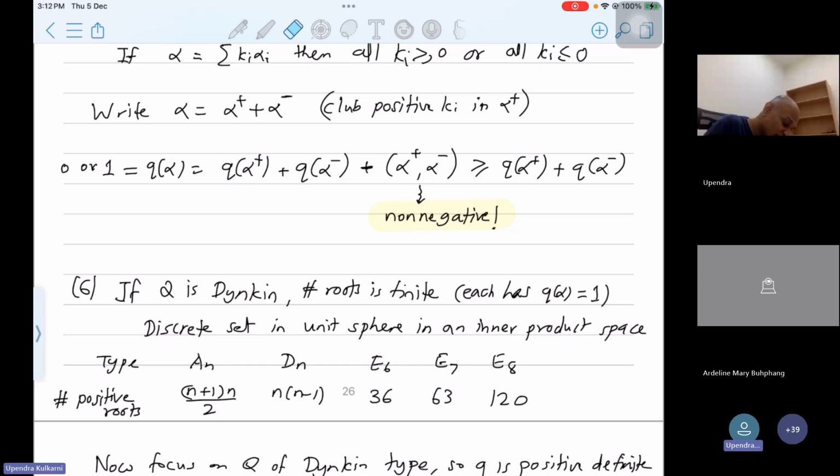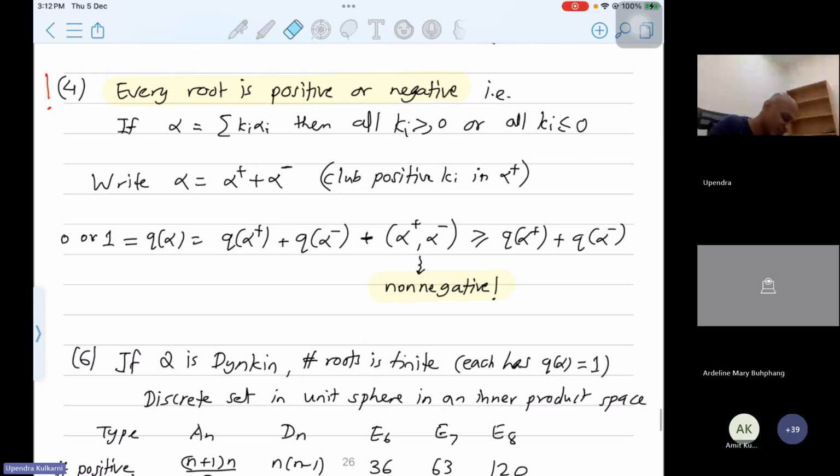Let us show that if Q is a Dynkin. There is a question before you go to 6. How are we defining alpha plus and alpha minus? Right. Let me just do something very simple. Let us say that alpha is equal to 2 alpha 1 plus 3 alpha 2 minus 4 alpha 3 plus whatever plus alpha 4 minus 6 alpha 5, something like that.